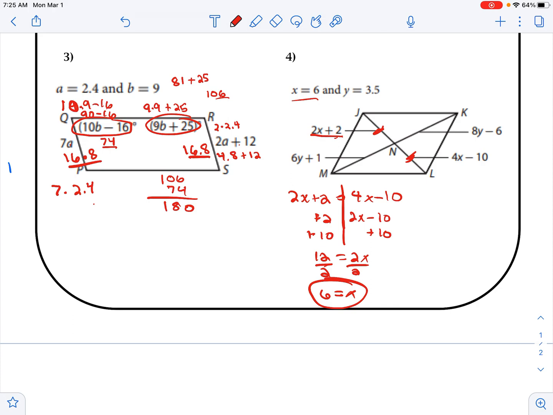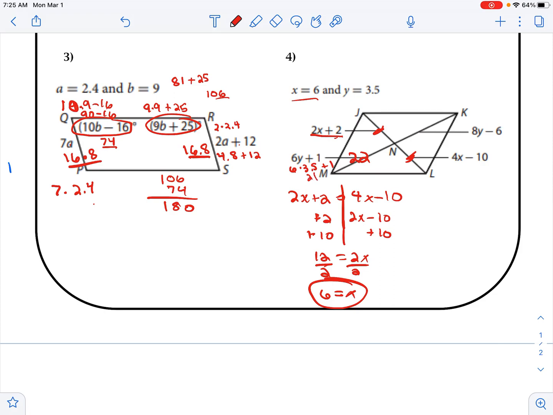Or I could plug it in, x equals 6. So 6 times 3.5 is 21, plus 1 is 22.